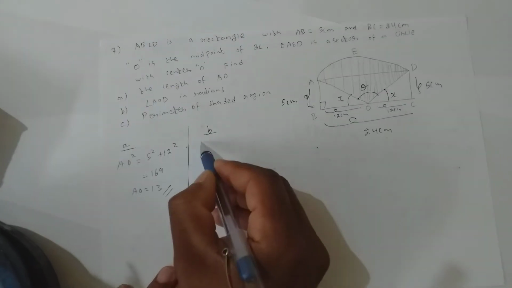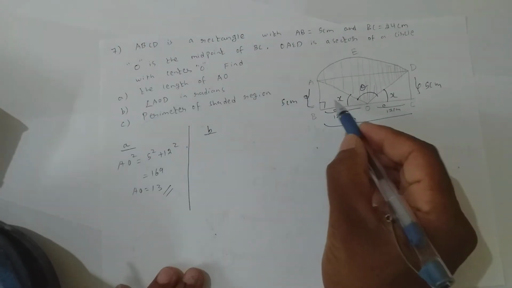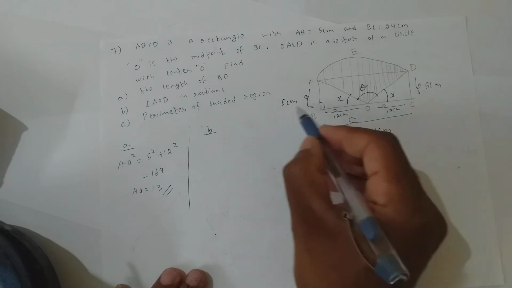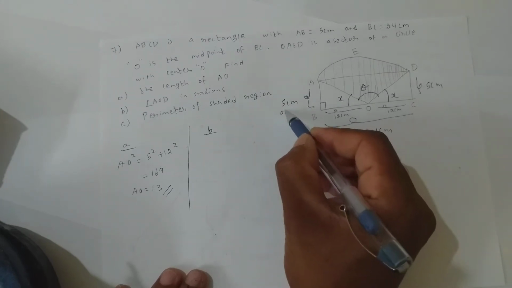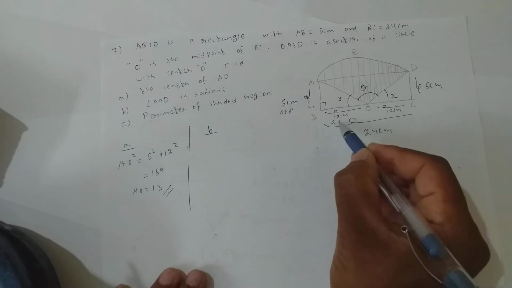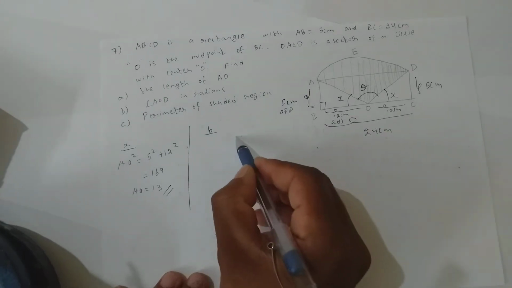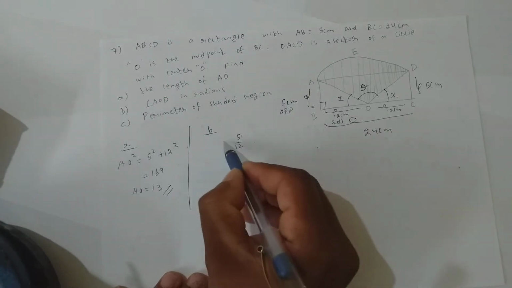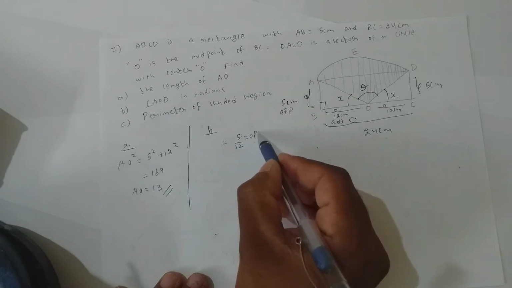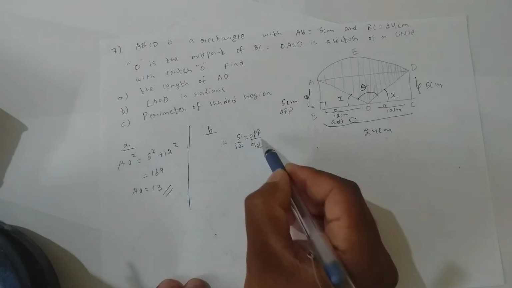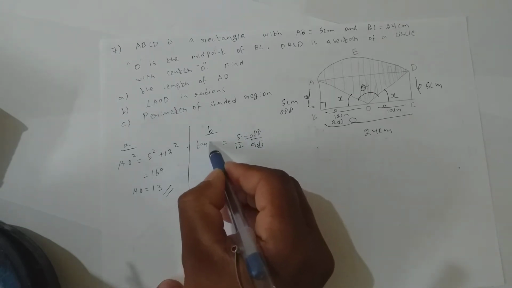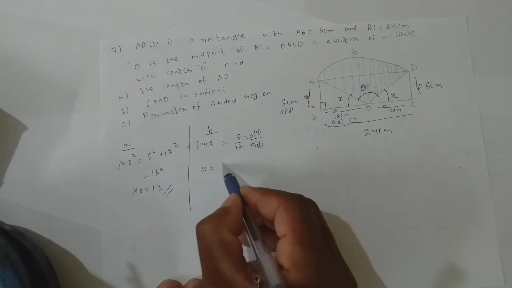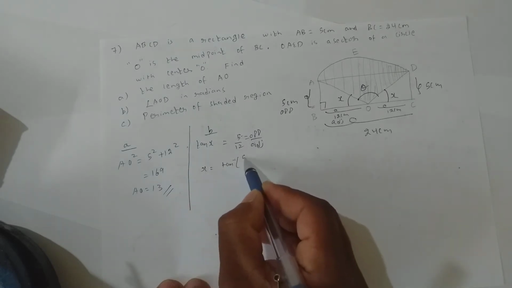So first I should get the x value. To get x using this right angle triangle, what is this side to this angle? It's opposite and this is adjacent. So I can use 5 by 12, which is opposite by adjacent. Which trigonometric ratio is opposite by adjacent? Tan x. So x equals tan inverse 5 by 12.